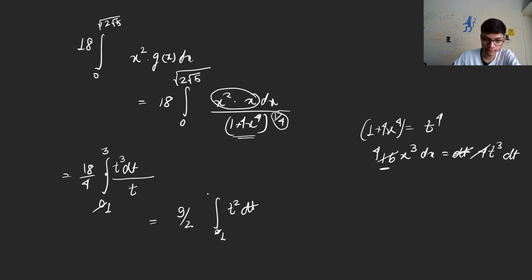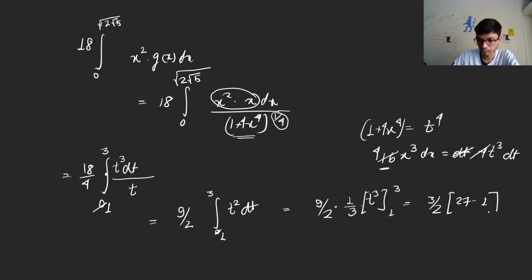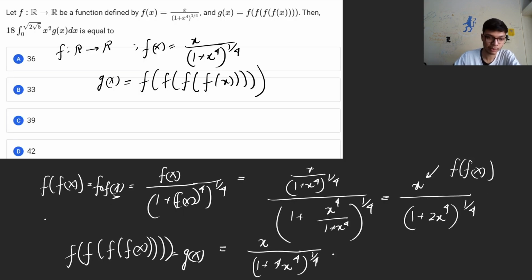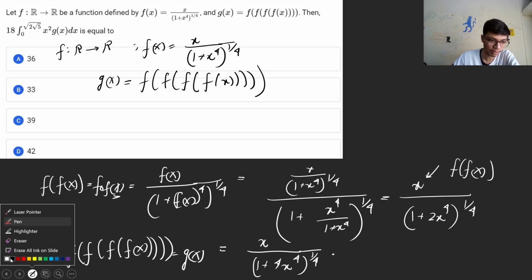From there, within the limit 1 to 3, t square dt comes out as 9 by 2 into 1 by 3 t cube, within the limit 1 to 3, and this simplifies as 3 by 2 into 27 minus 1, that is 13 into 3, and the result comes out as 39.